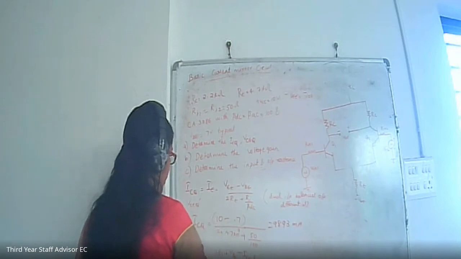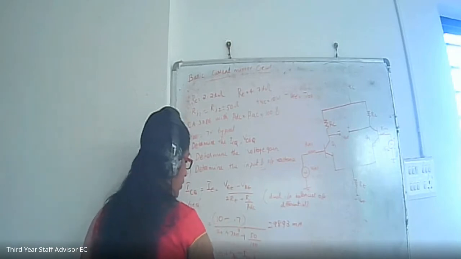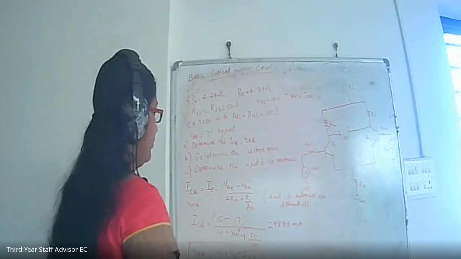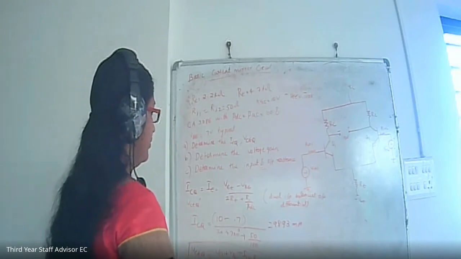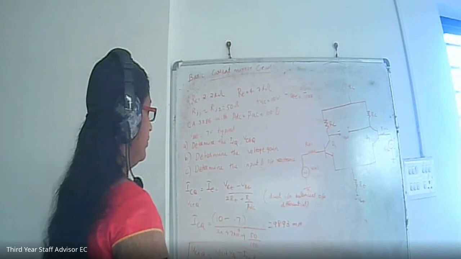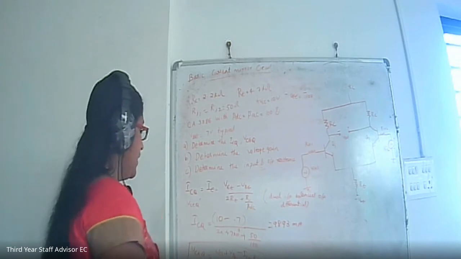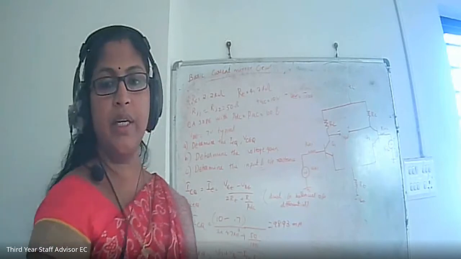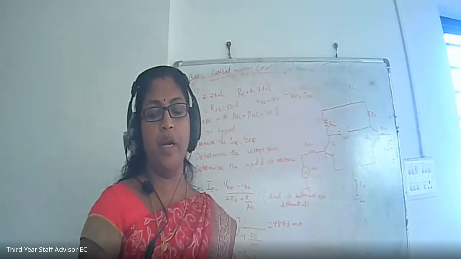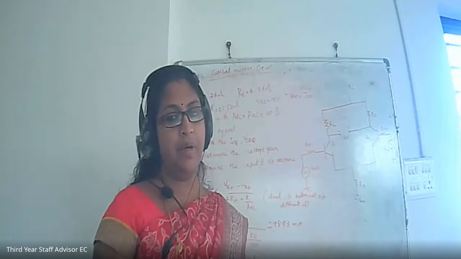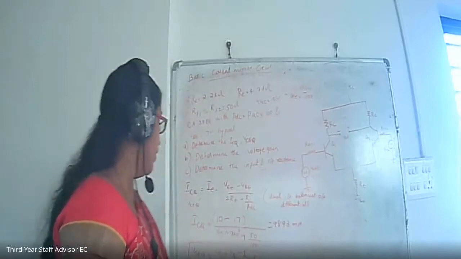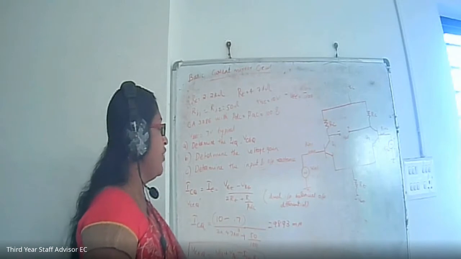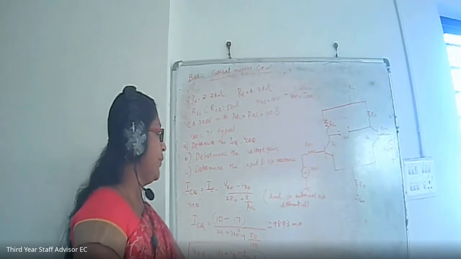This is the equation, so you also have to learn this equation by heart, or you can apply the KVL. You can just turn the pages of your book, and in the DC analysis you will get the same equation. Okay. So VCEQ is equal to VCC plus VBE minus ICQ into RC.